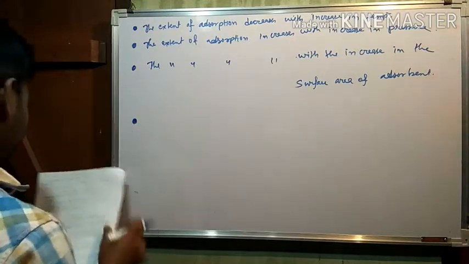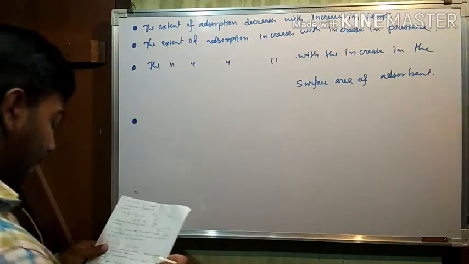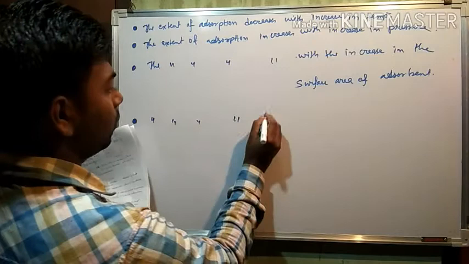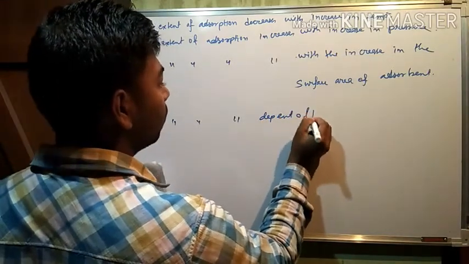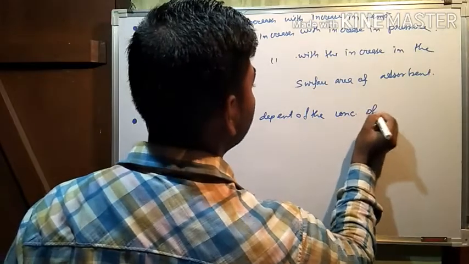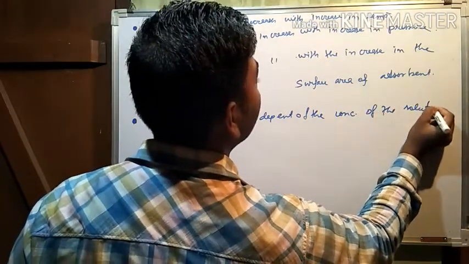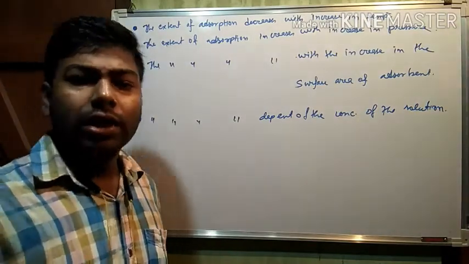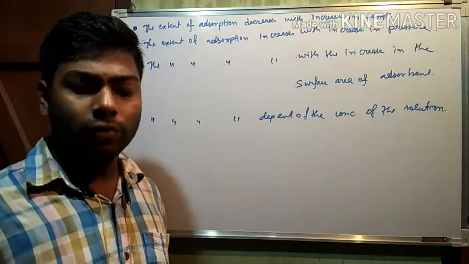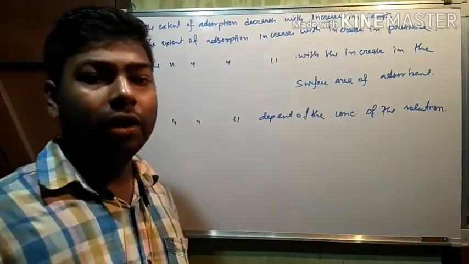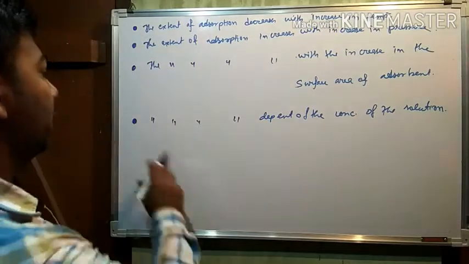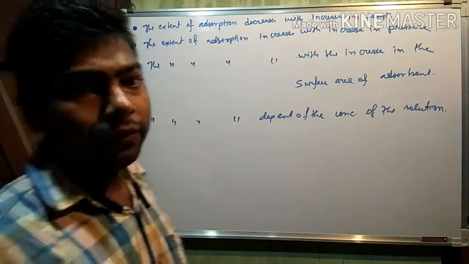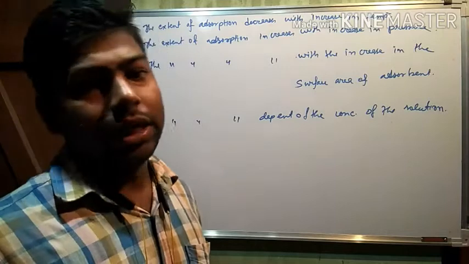Next point is the extent of adsorption depends on the concentration of the solution. If the concentration of the solution is higher, then obviously it can adsorb a greater number of solute molecules. That means the extent of adsorption depends on the concentration of the solution. If we give a less concentrated solution, adsorption will be low.